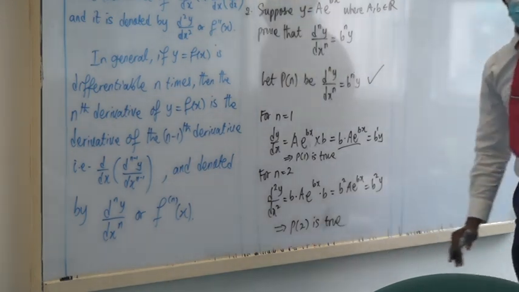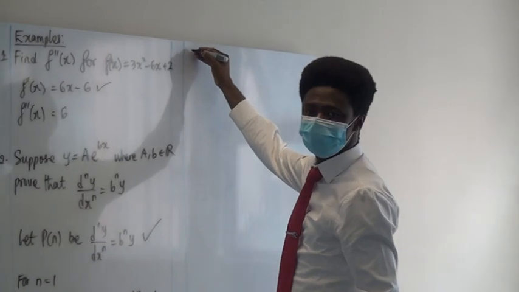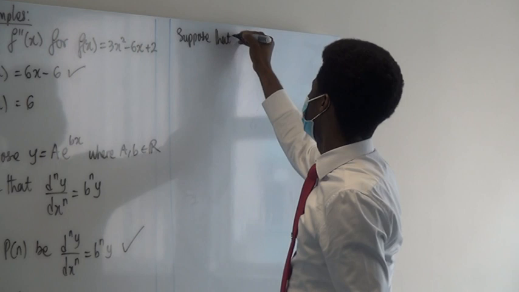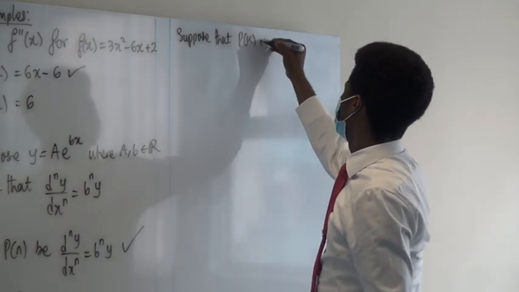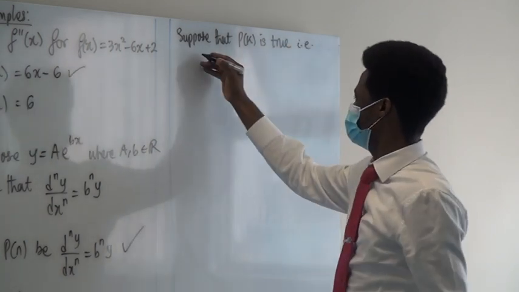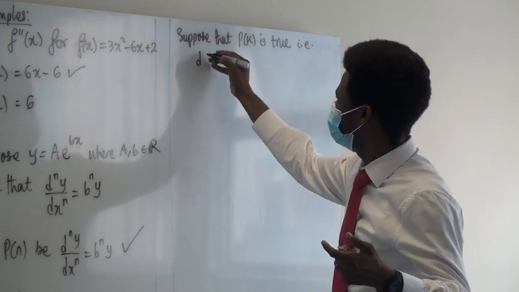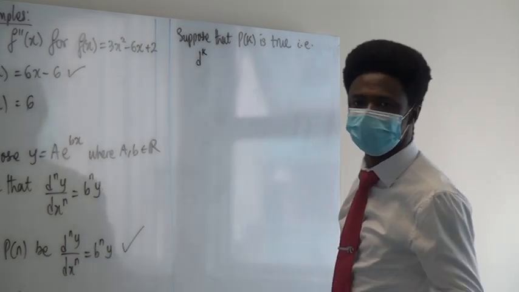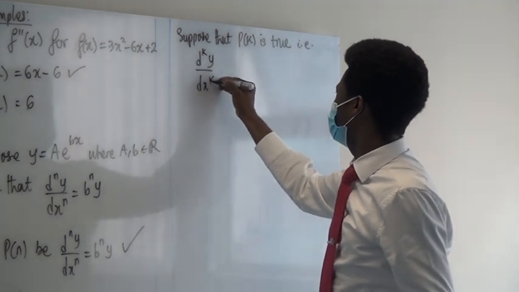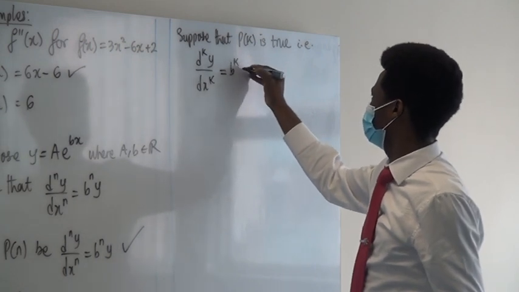Then we always have an inductive hypothesis. What do we say? Suppose that Pk is true. What does that mean? That is, d^k y/dx^k equals b to power k times y.